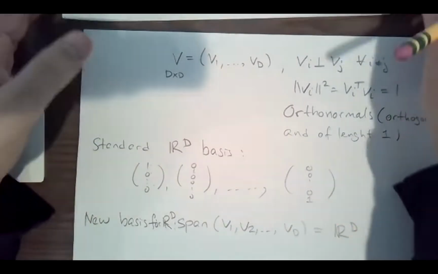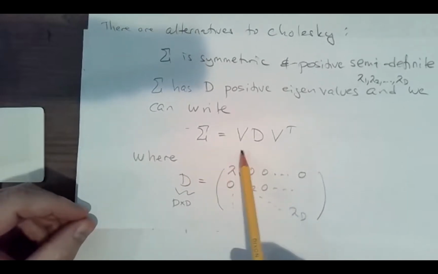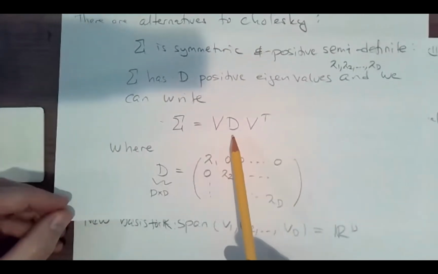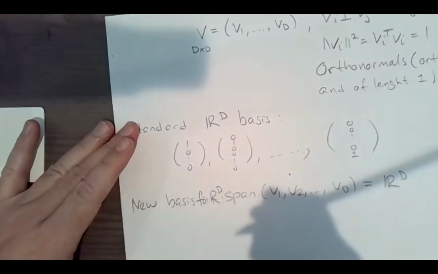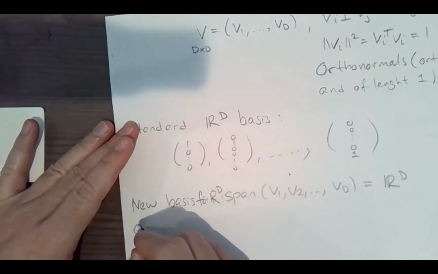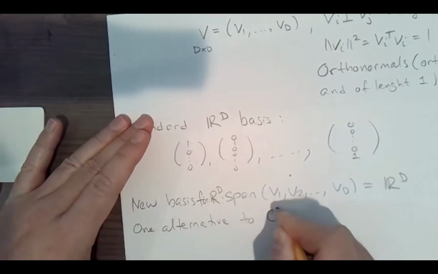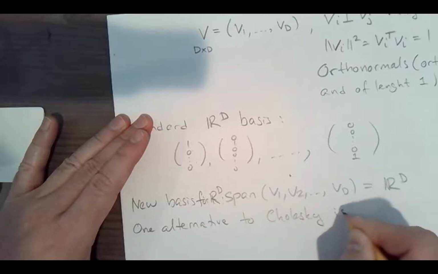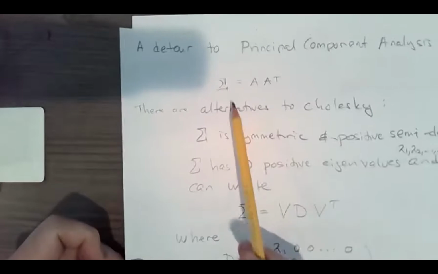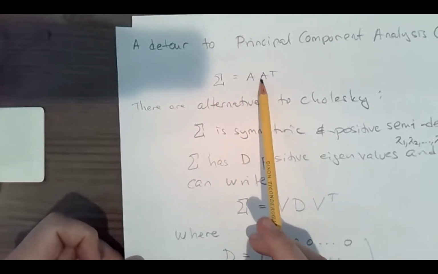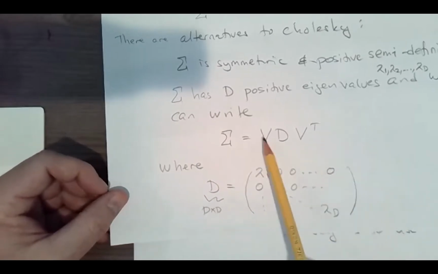So if you go back to the decomposition from before, it's one alternative to Cholesky. Our goal was to write sigma as A times A transpose, and now we have sigma written as V D V transpose.